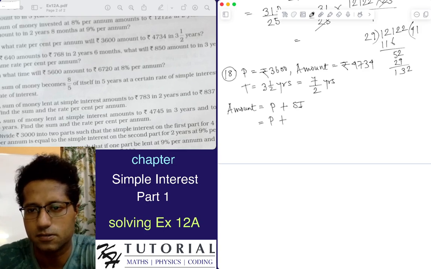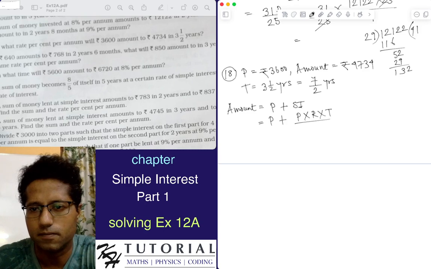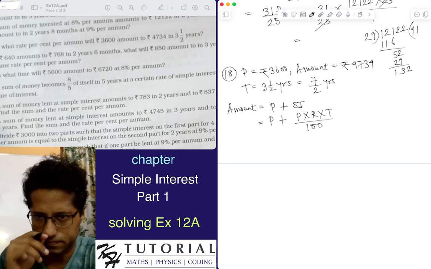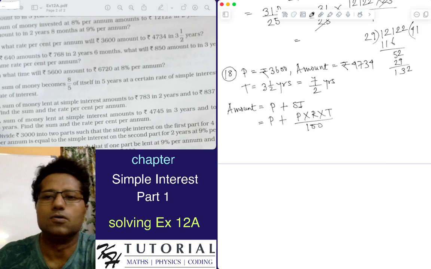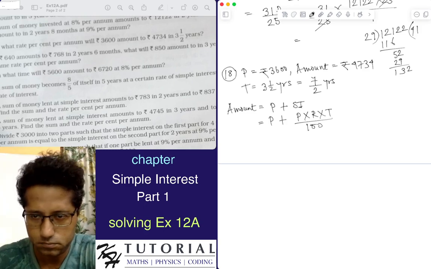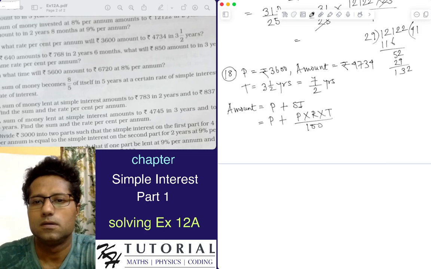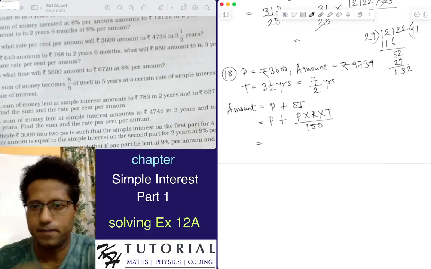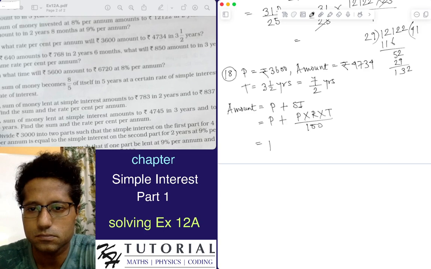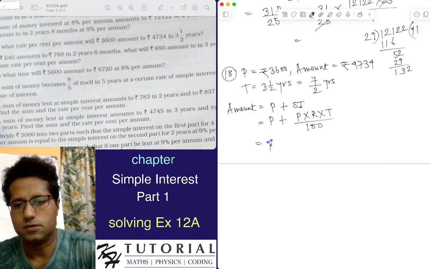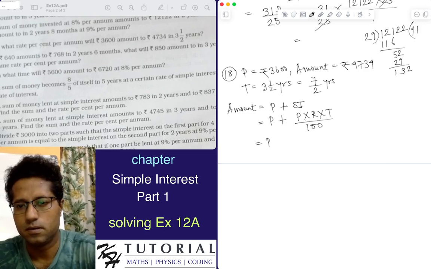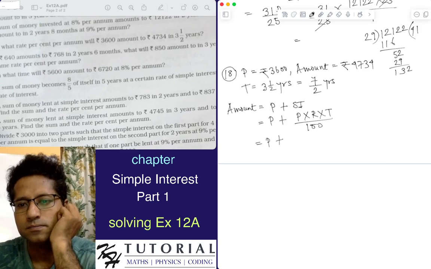Simple interest is P into R into T divided by 100. Now from here if I take P common, this is P plus, what is R?